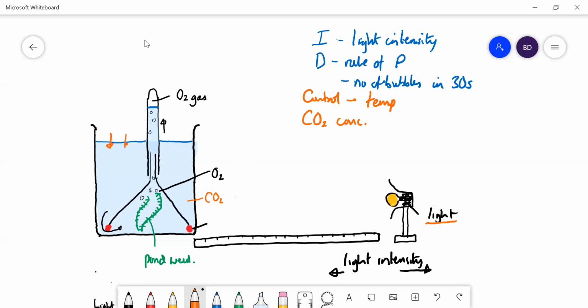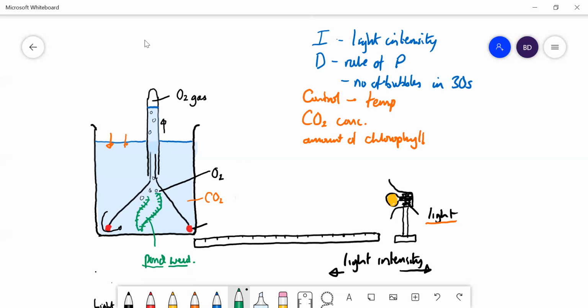The other thing that would affect the rate of photosynthesis, of course, is the amount of chlorophyll. You've got that there, and that is going to stay the same because you're going to just leave the same 2 bits of pondweed in the apparatus for the whole experiment. Okay, so that's what you've got to think about in order to make it a fair test.